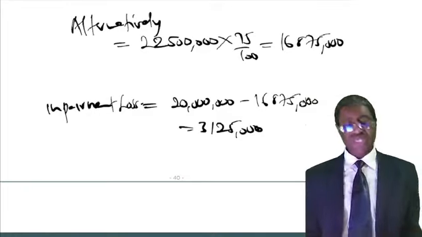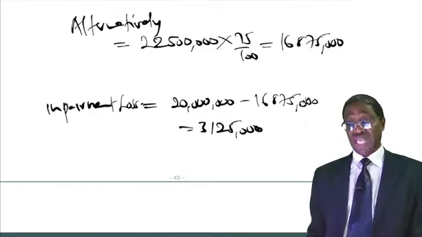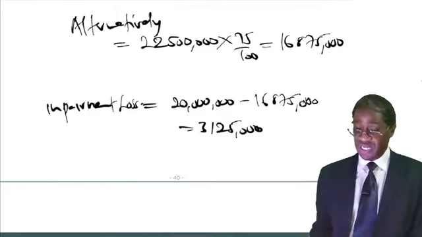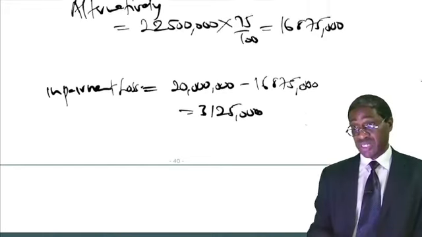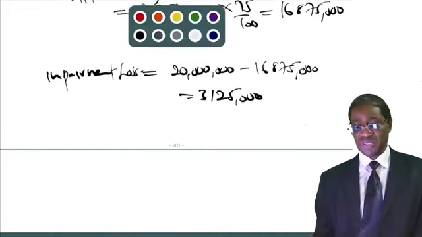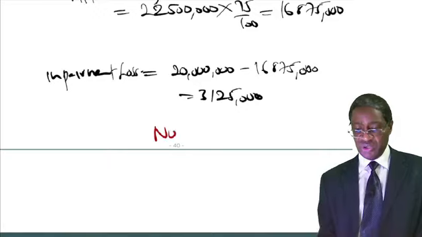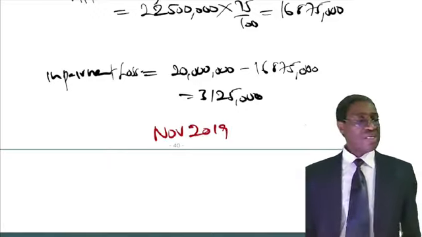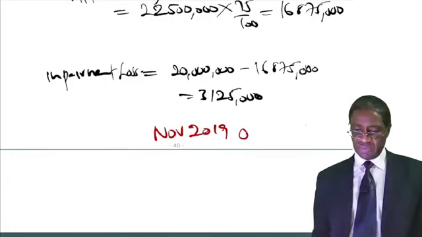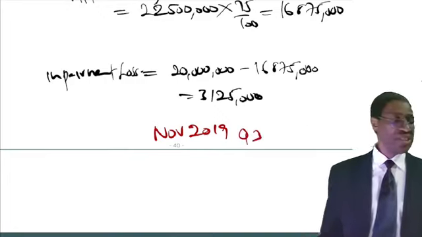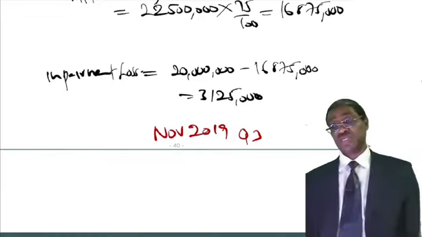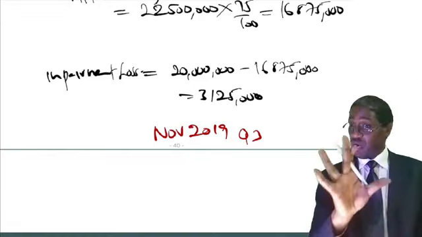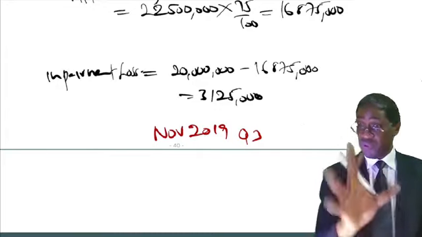Now listen, there are many other questions from your past papers which you can attempt. One of them that you can attempt on your own is November 2019, I think it was question 3. That question has two parts. Part A is a computation using one method.